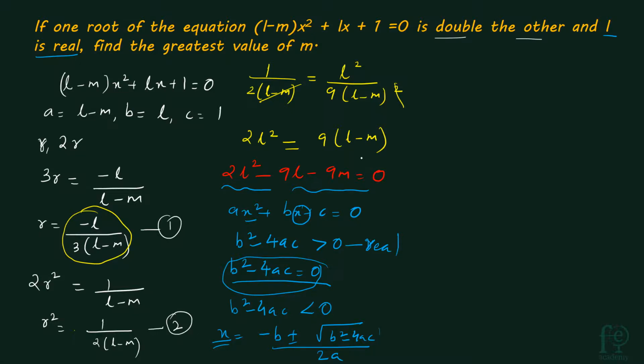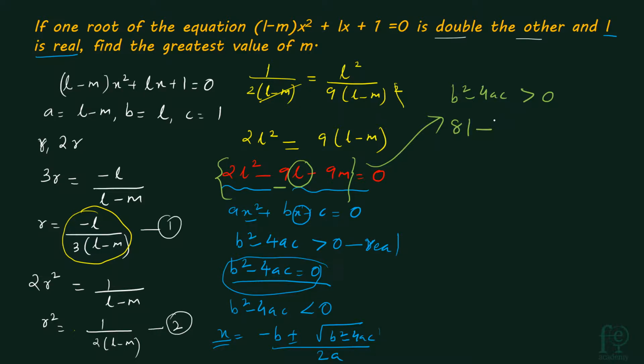So similarly here we can say L is real. This is actually a quadratic equation in L. Instead of x, L is coming here. So here L is real means b square minus 4ac is greater than 0. Here b square means minus 9 the whole square, which will give us 81.